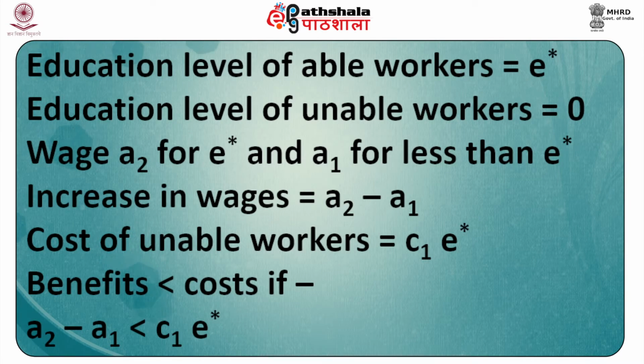Now the question arises, is it actually in the interest of the able workers to acquire the level of education E star? The condition for the benefits to exceed the cost is A2 minus A1 should be greater than C2 E star. And this condition also holds due to the choice of E star. Hence, this pattern of wages is indeed an equilibrium.